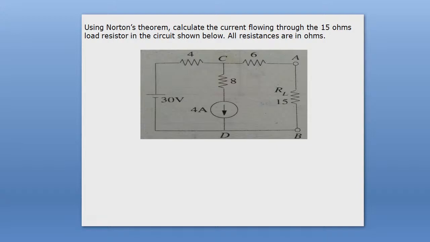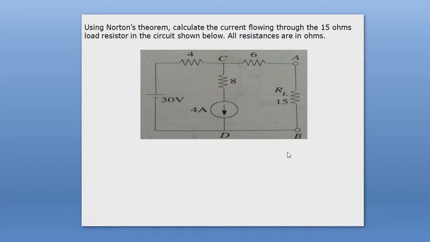Okay, now you solve the given problem using Norton's theorem. You see, the circuit consists of two independent sources. One is voltage source, another one is current source, and few resistances.